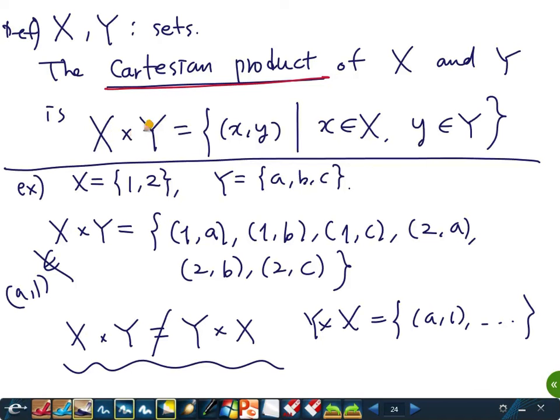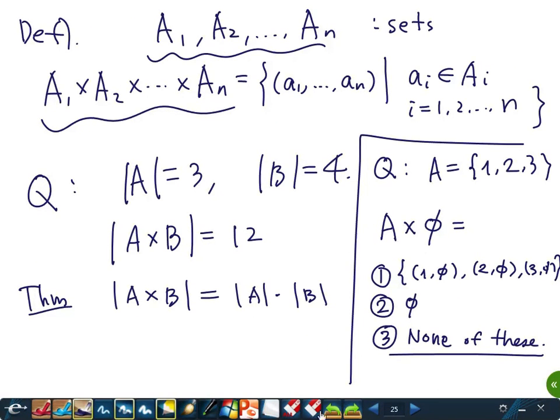X times Y, the Cartesian product, is a pair x and y. You select one element from X. You select one element from Y. Okay? Let's just use this definition here. A is 1, 2, 3. Let's say B equals the empty set. A times B is the same.